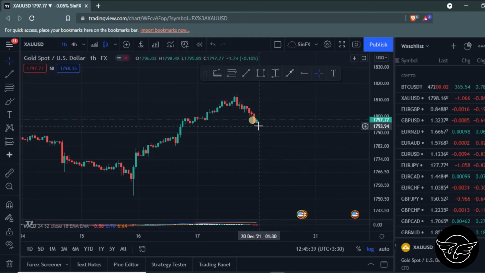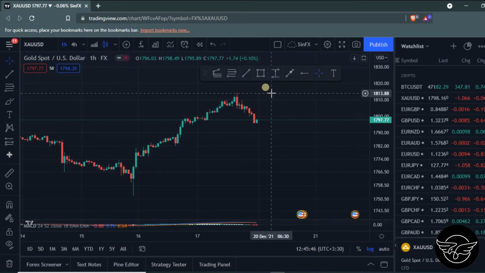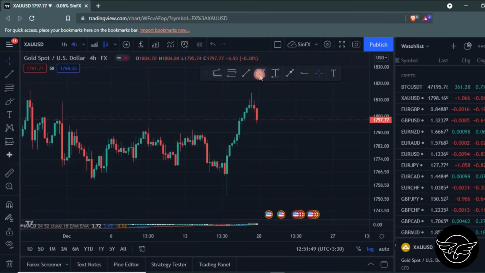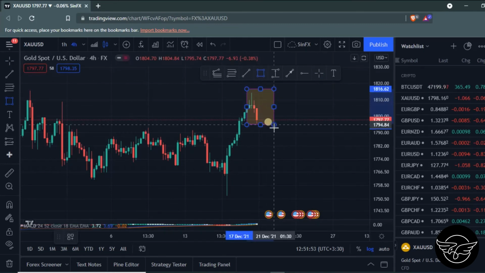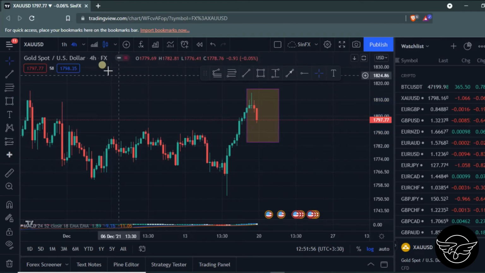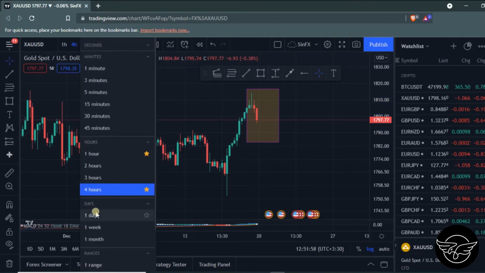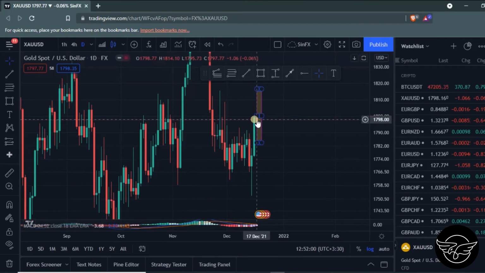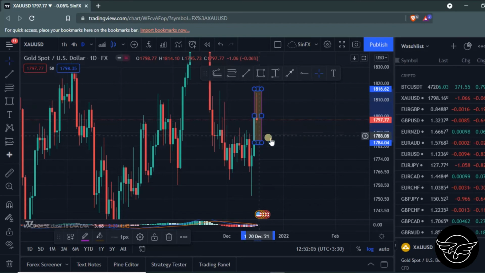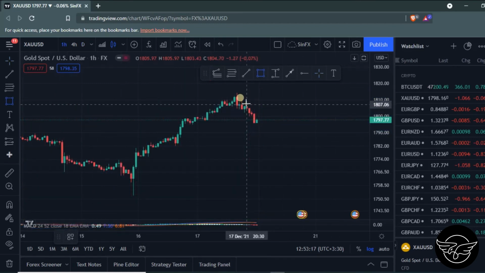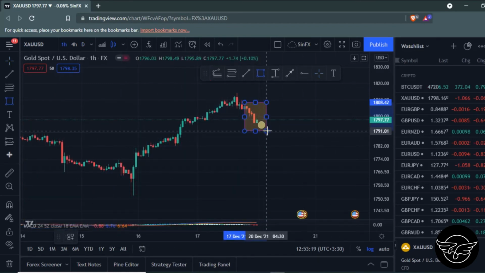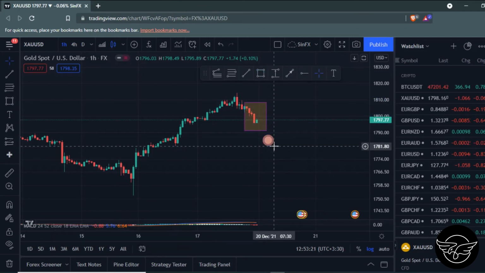The combination of 4 1-hour candles makes a 4-hour candle, and the combination of 6 4-hour candles makes a daily candle. Let's check that out closely. These 4 candles at a 4-hour time frame make this daily candle. Or here, these 4 1-hour candles makes this candle at a 4-hour time frame.